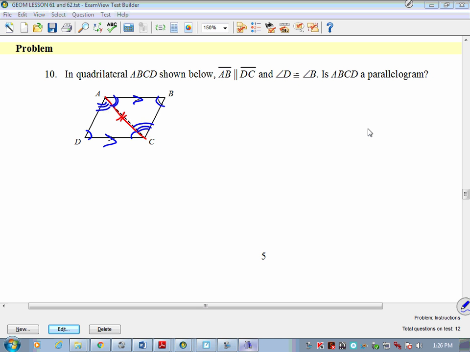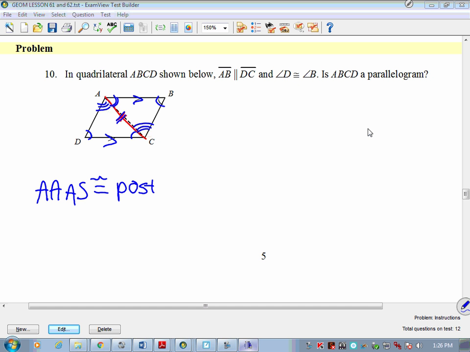BAC is congruent to angle DCA. AC is congruent to itself by the reflexive property of congruence. That's what we see right here. Therefore, we know that these triangles are congruent, because essentially what we have is the angle, angle, angle, side congruency postulate.